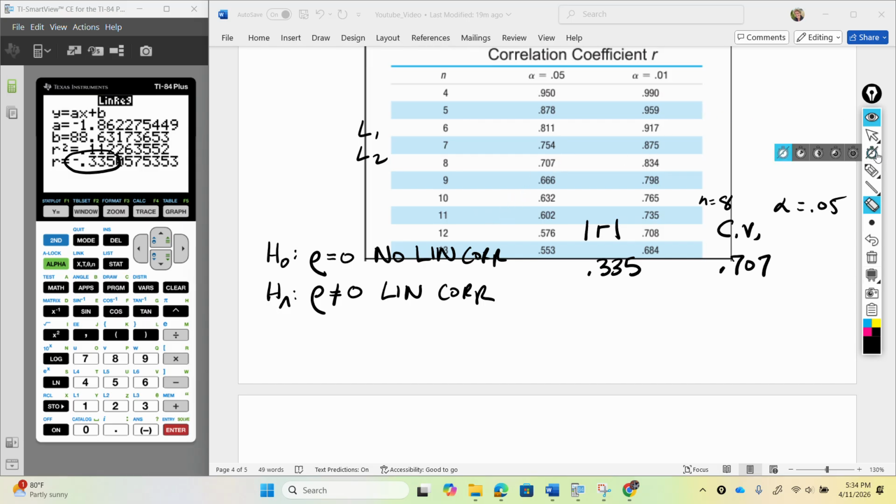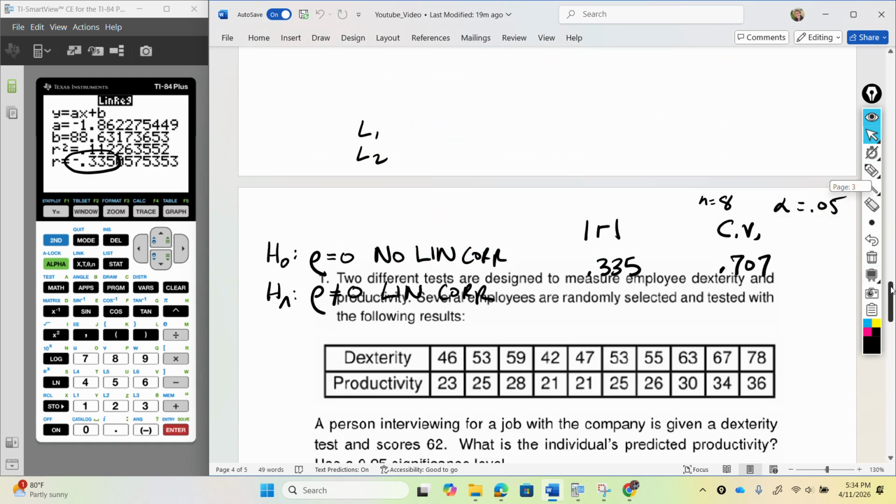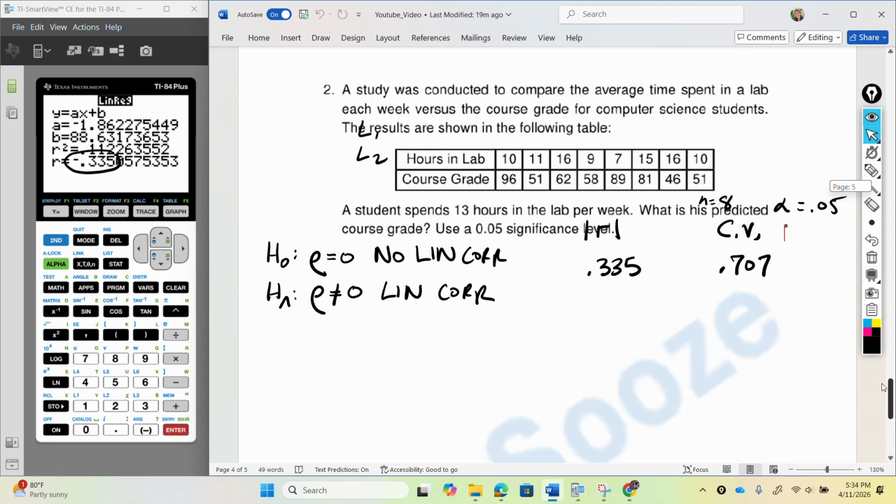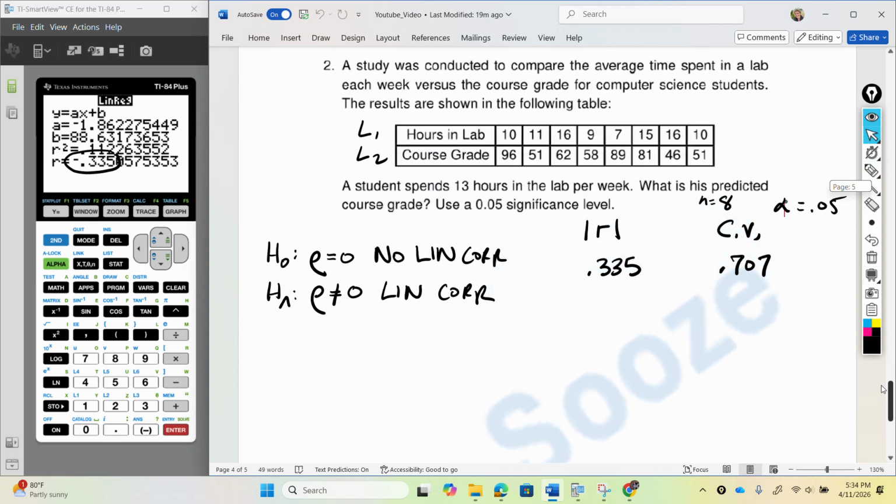So now I'm going to get back to the problem. My correlation coefficient for my sample, the absolute value of it, is smaller than my critical value.